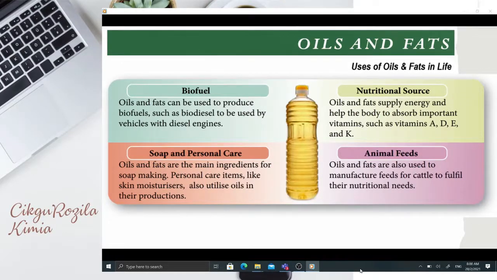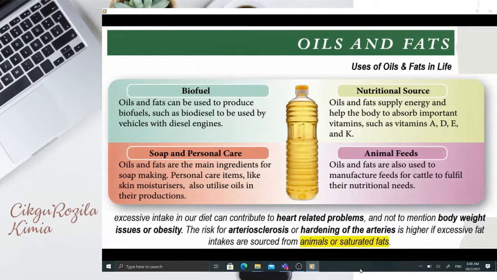Kenapa kolesterol ni tak bagus? Okay, kita tengok sikit. Dia boleh contribute to heart related problems and not to mention body weight issues or obesity. Okay, the risk for arteriosclerosis, also known as hardening of the arteries in our heart, is higher if excessive fats intakes are sourced from animals or saturated fats.